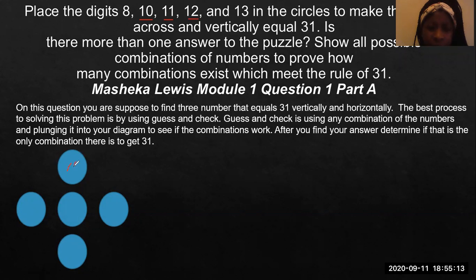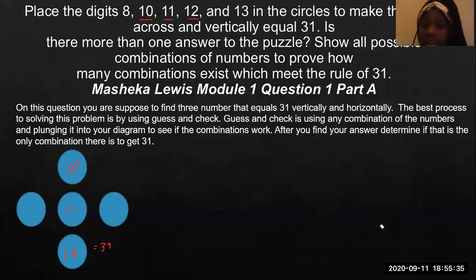So I'll use 10, 11, and 12. Now, if you add all these together, this will equal 33, which means it does not equal the rule of 31.